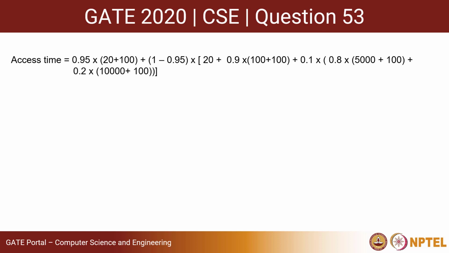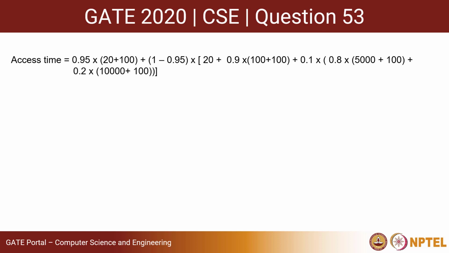I will go through it step by step. The first is 0.95, which is the TLB hit rate, times the TLB time, that is 20, plus 100, the main memory access time to search the page in the main memory.